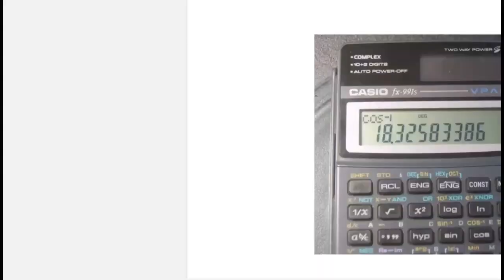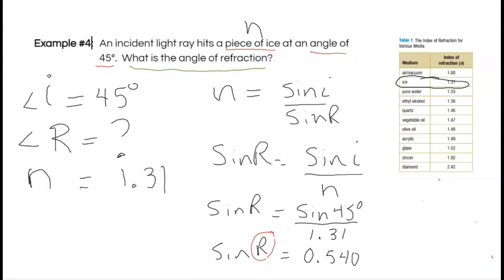All right, so back to our problem. And so really to solve for that unknown angle, I'm going to say, all right, well, angle R is going to be equal to sine to the -1 of 0.540. And so you should still have that 0.540 in your calculator, and all you're going to do is press second function sine usually.